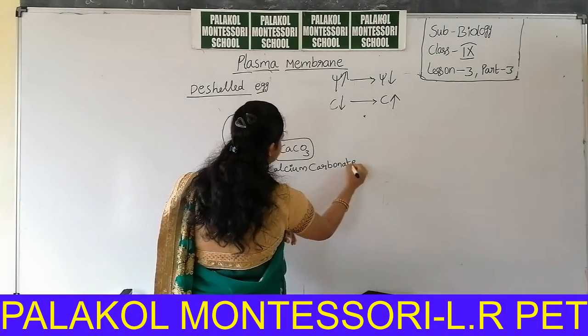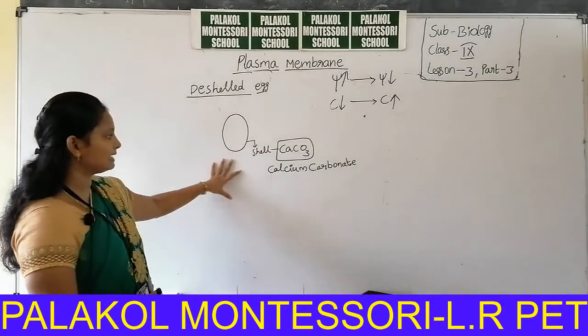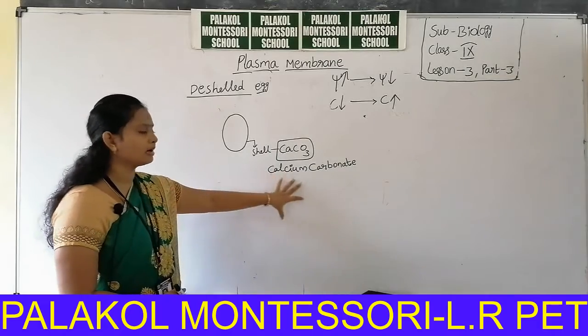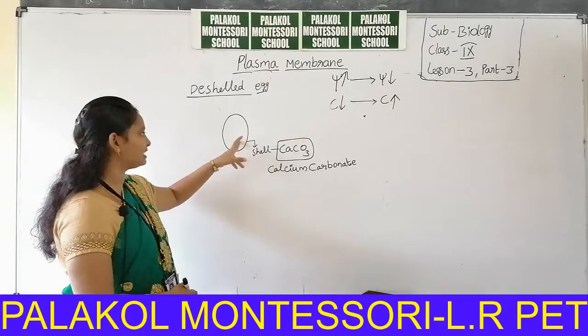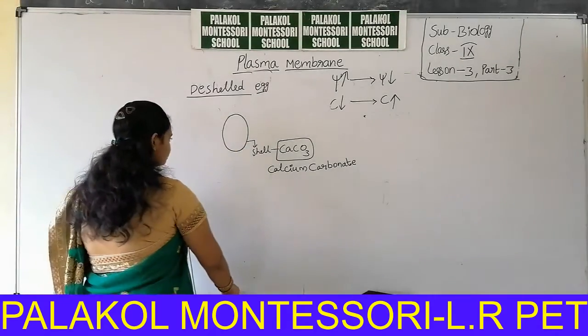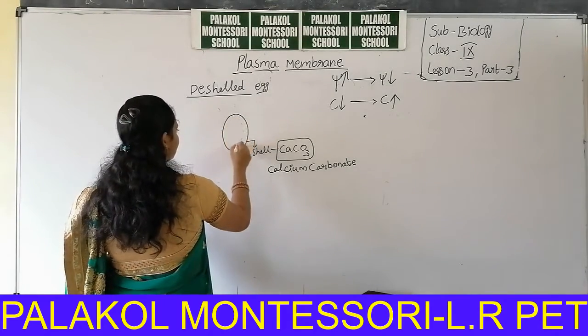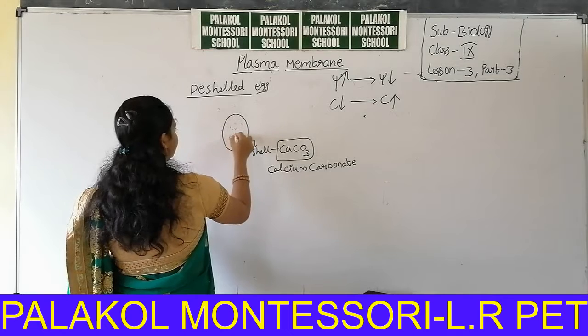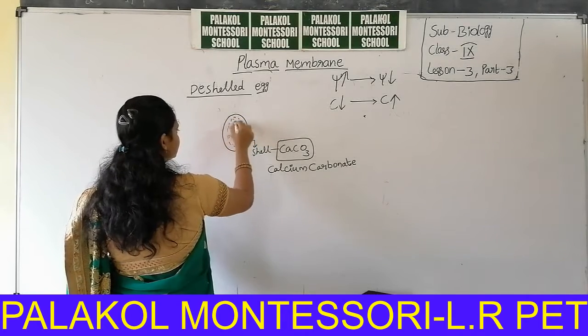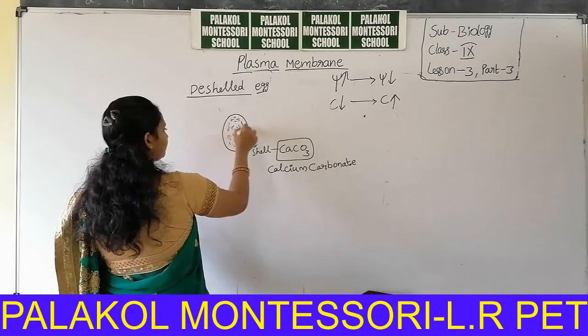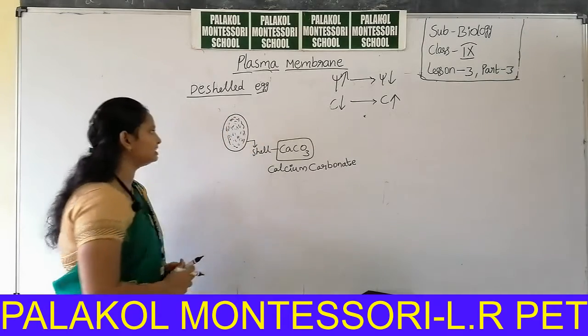Inside the shell, the liquid component, that is egg white and egg yolk, is also present. Yellow colored and white colored material is present inside the shell.